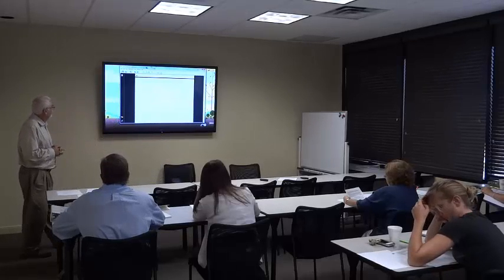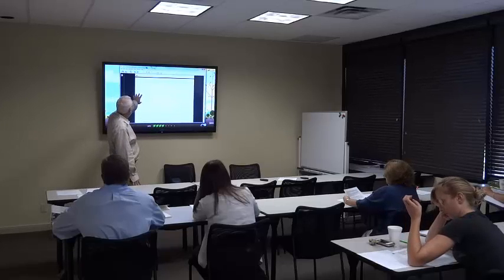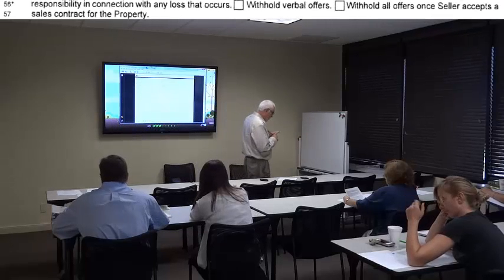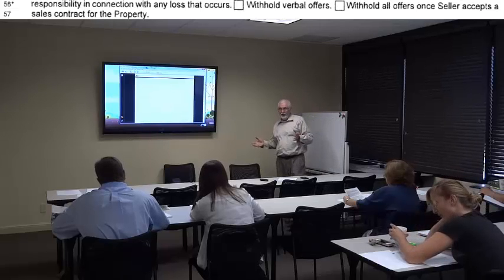Because what they told you up front is 180 degrees from what they're going to wind up buying. Of course, that's another class on another day. Now, the last part of this, lines 56 and 57, there's a box that talks about withholding verbal offers, and then withholding all offers once I have an executed contract.